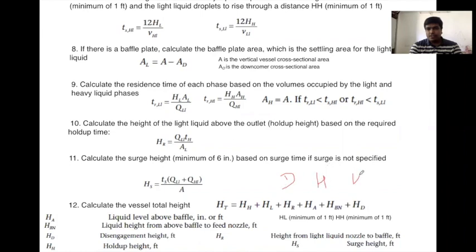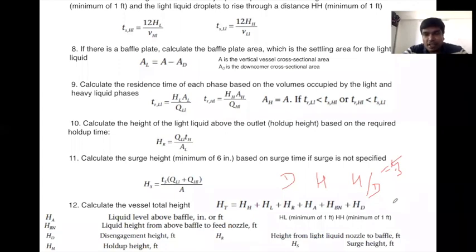So as per the design, the H by D criteria for vertical separator is from 1.5 to 6. Sorry, I cannot write it with the pen, so I'm just giving you the idea. If this ratio is lying between 1.5 and 6, then our design is okay, right?